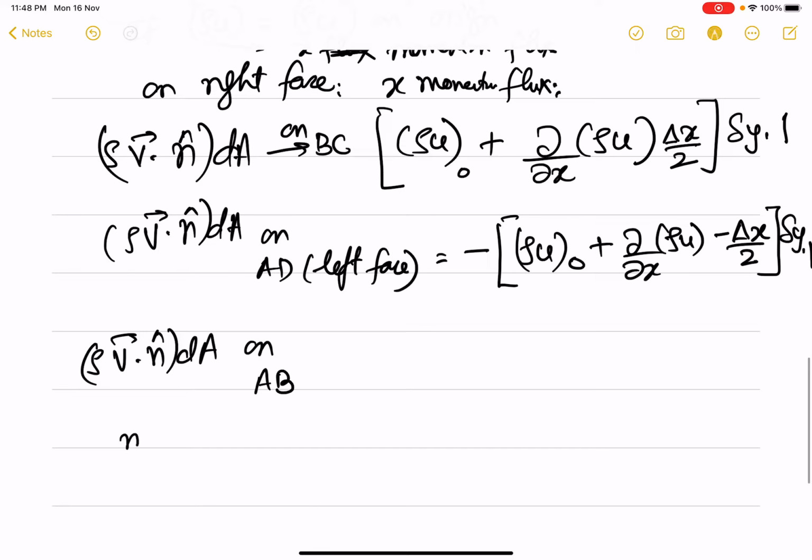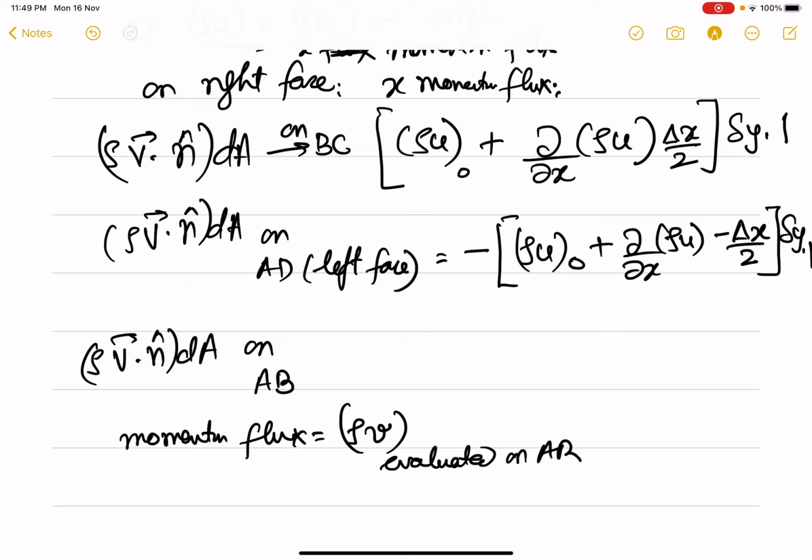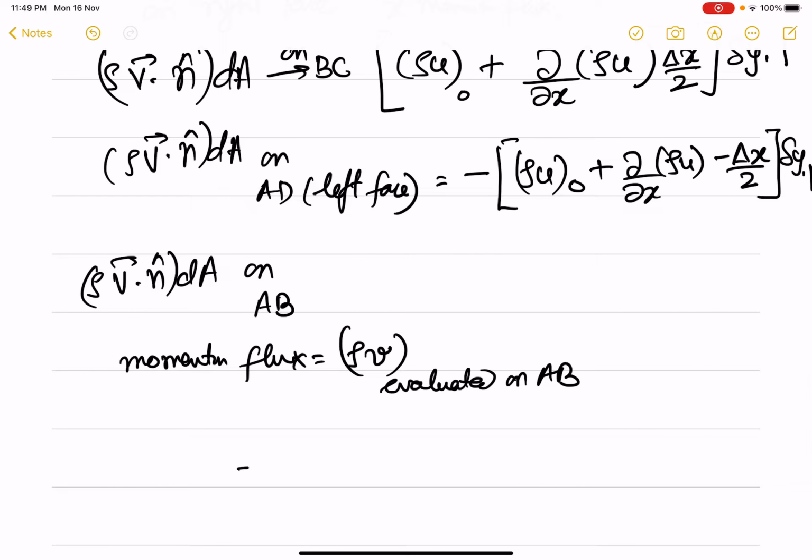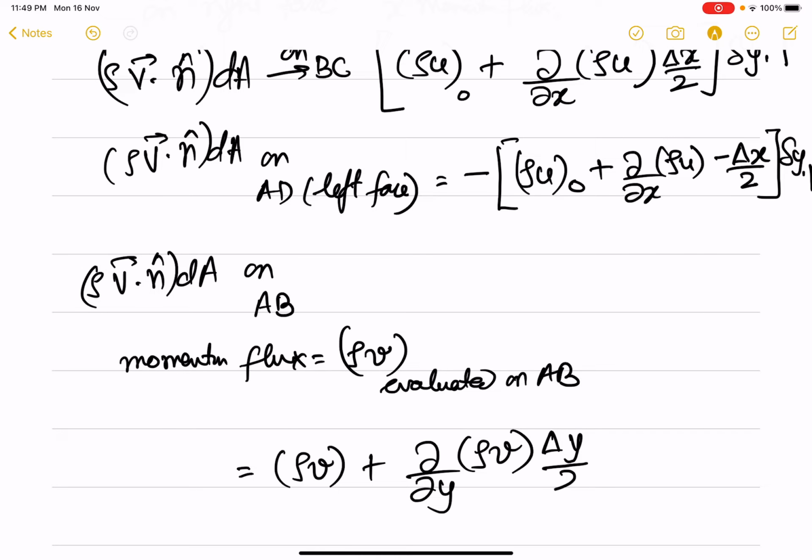Now here the momentum flux on this face will be equal to rho times v, and this has to be evaluated on AB. So this will be equal to rho v plus partial by partial y of rho v times delta y by 2, and the whole thing has to be multiplied by the area, which is delta x times 1.